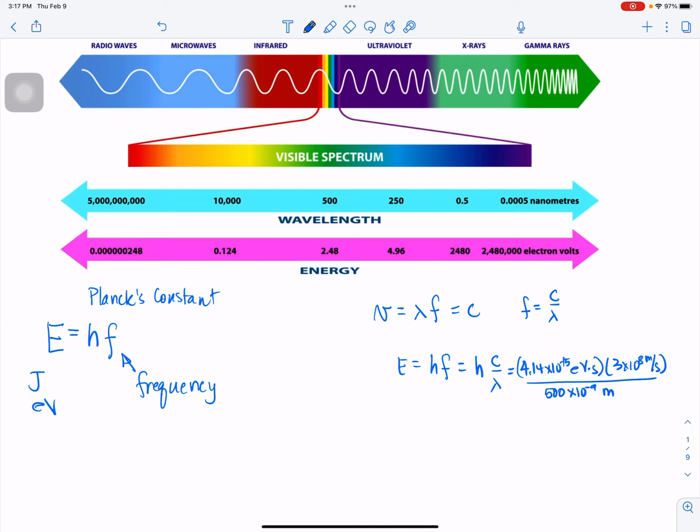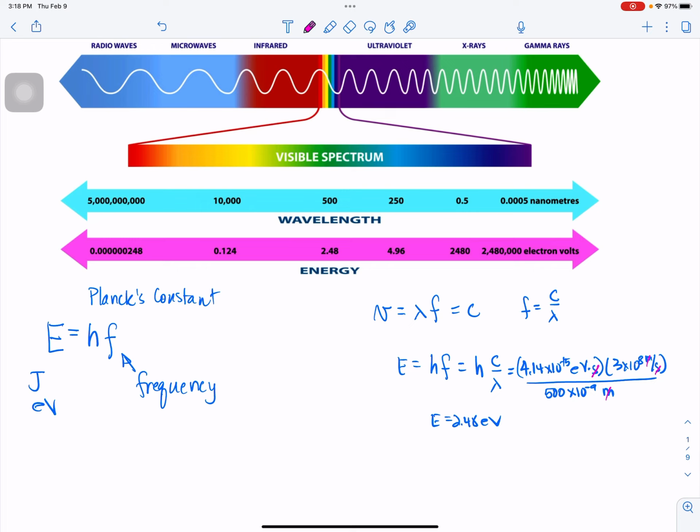So 4.14 times 10 to the minus 15 times 3 times 10 to the 8th divided by 500 times 10 to the minus 9 gives me 2.48 electron volts. So just to show you how the units cancel, seconds cancel with seconds, meters with meters, and I'm left with units of electron volts.